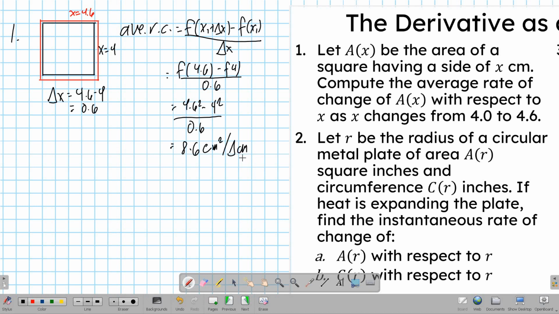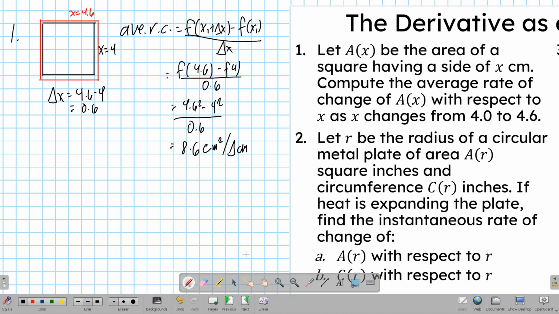That's the unit. So when the square was enlarged from 4 to 4.6, the area was changing at 8.6 square centimeters per change in centimeter. Although we did not actually look for the area, the 8.6 would be there.